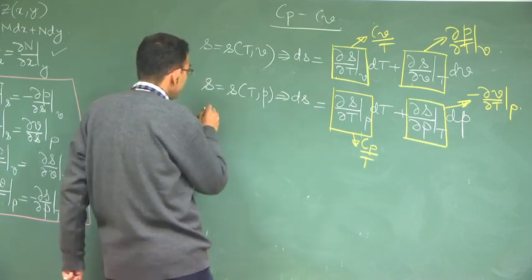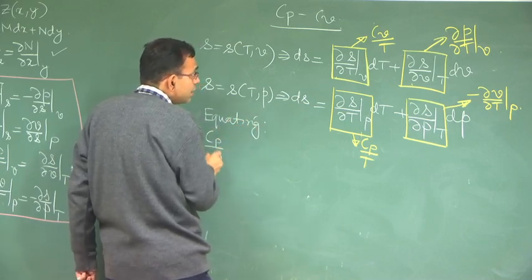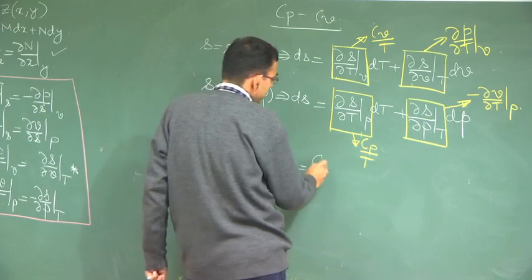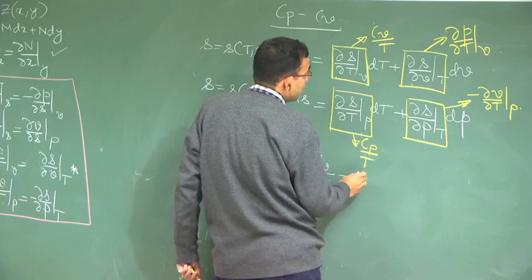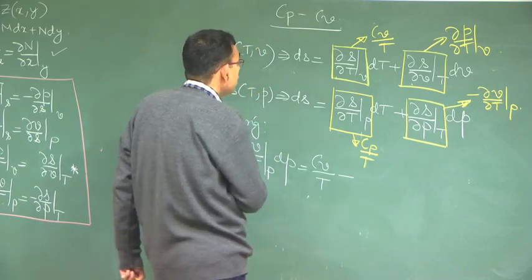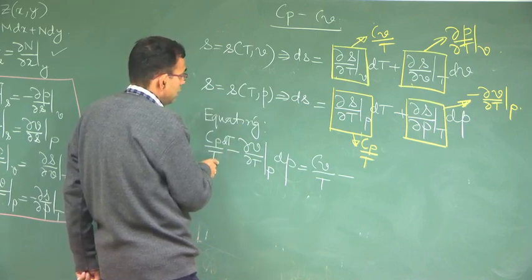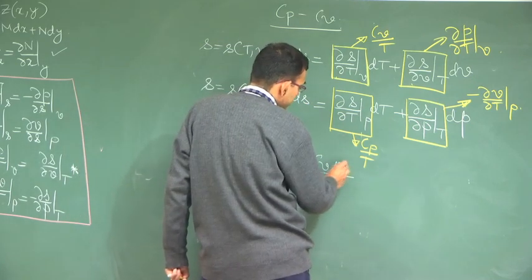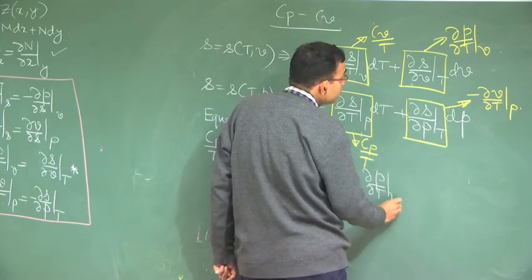So, if you equate these two, you have Cp by T dT minus del V del T at constant pressure dP is equal to Cv by T dT plus del P del T at constant volume dV.